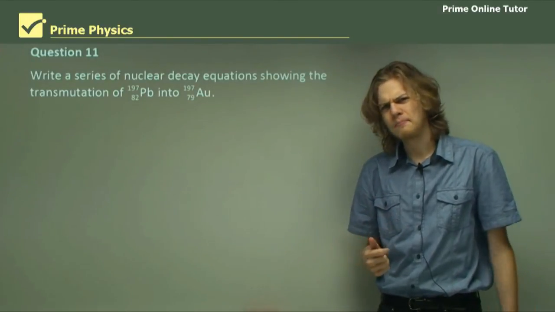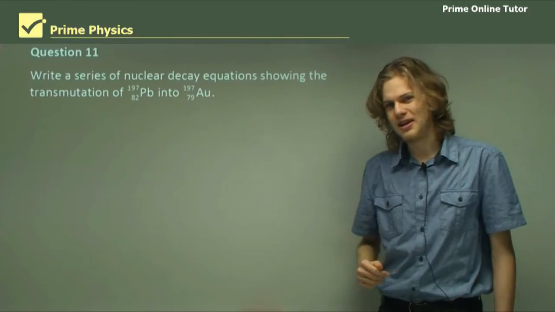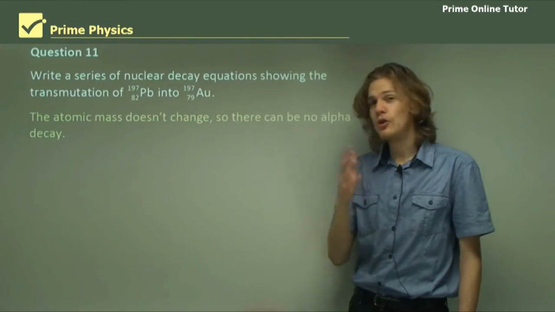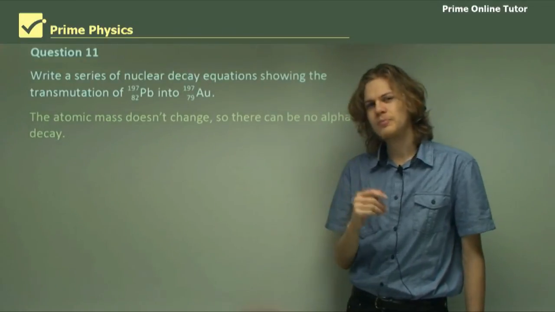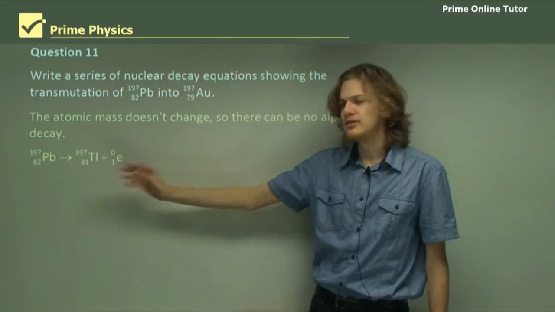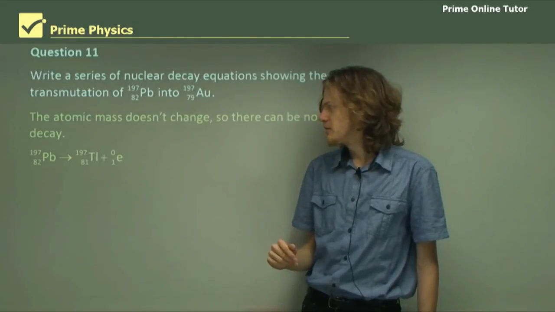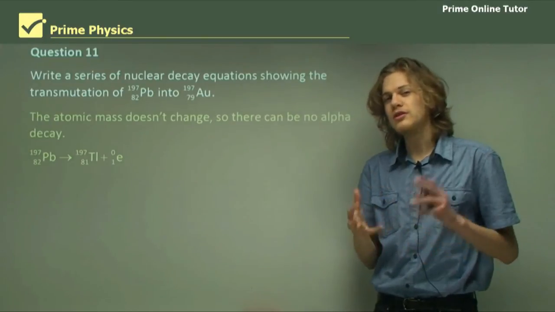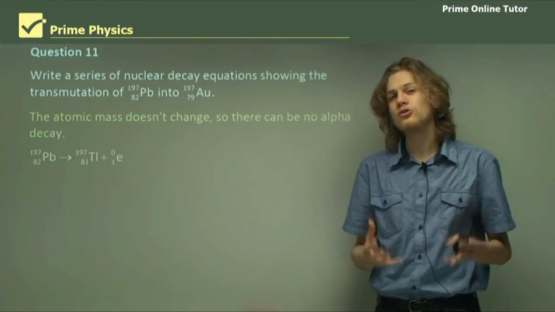So how do we do that? That's right, beta plus decay. So the atomic mass doesn't change, so there can be no alpha decay, but we can use beta plus decay. So we have lead-197 into thallium-197 and a positron. Remember that a positron is the same as an electron, except it's positively charged.